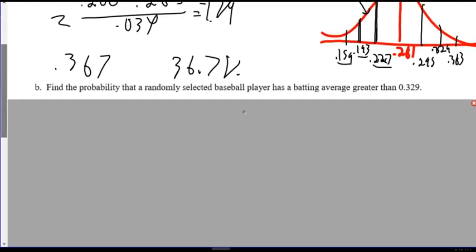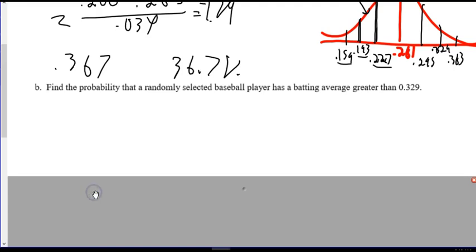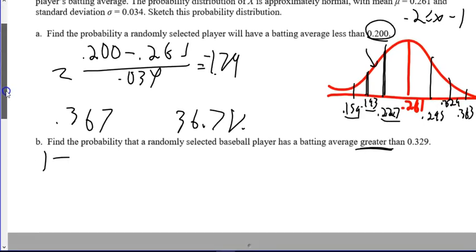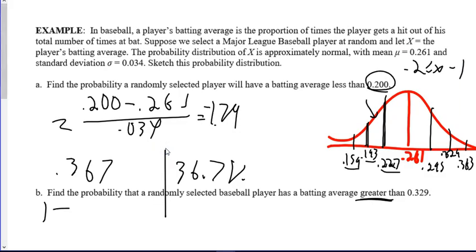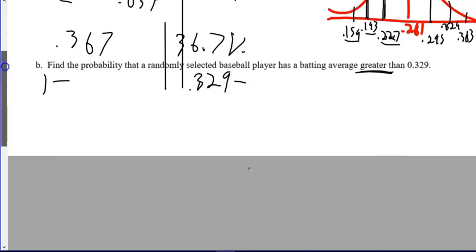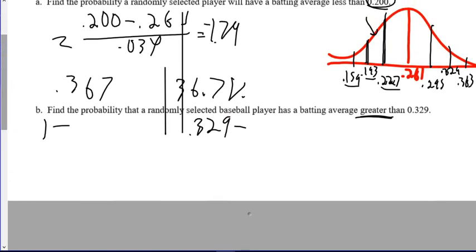All right? Keep going. Find the probability that it's greater than 0.329. As soon as I see greater than or more than or right, I want to write this down and remind myself. So that's the number we're going to plug into our very simple calculation. We're going to do the actual minus 0.261, same as before, divided by 0.034.